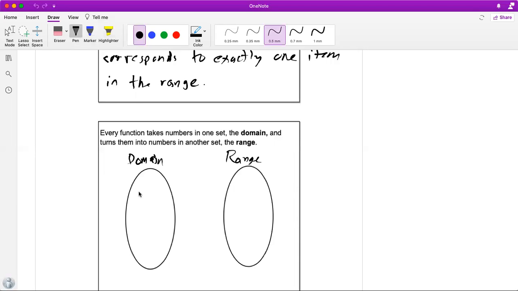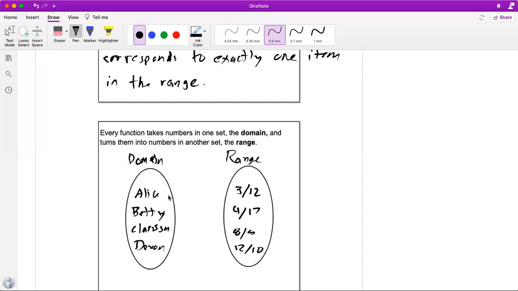So let's say I've got Alice and Betty and Clarissa and Devin. And these are 4 people, and there's 4 dates over here, like March 12th and April 17th and August 5th and December 10th.